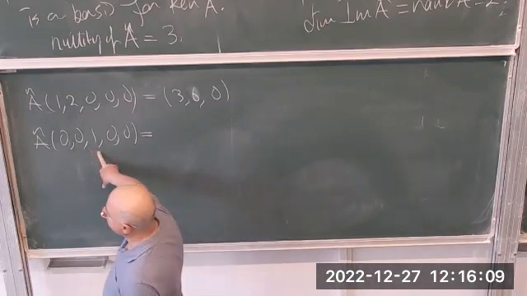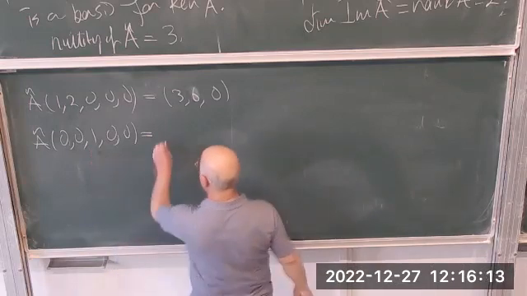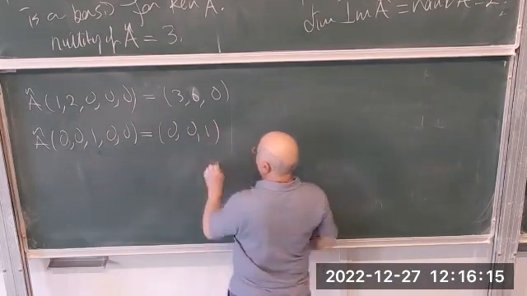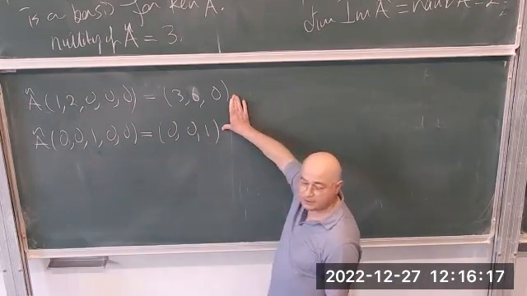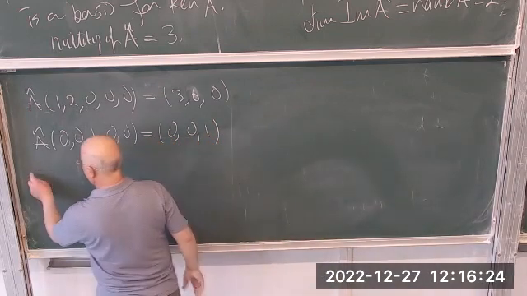Okay. Bunu verdiniz. Ne çıktı? 0, 0, 1. Are they linearly independent? They are in the image and they are linearly independent. Therefore, they form a basis. Right?